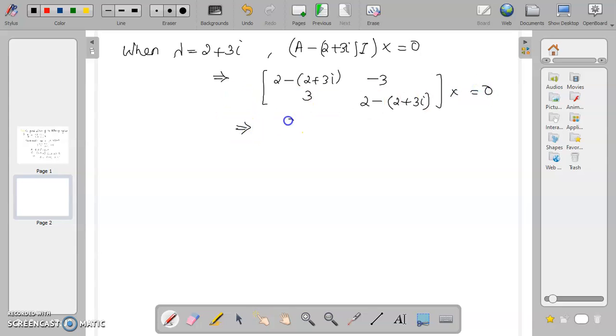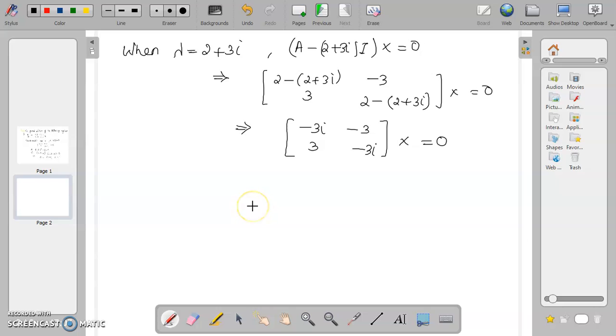So upon simplifying, 2 will cancel off, so you will get minus 3i, minus 3, 3 and minus 3i, x equal to 0. Okay, so now let us row reduce the matrix.